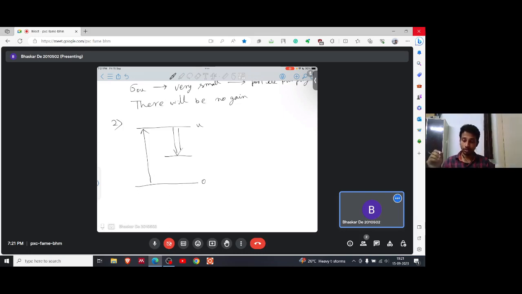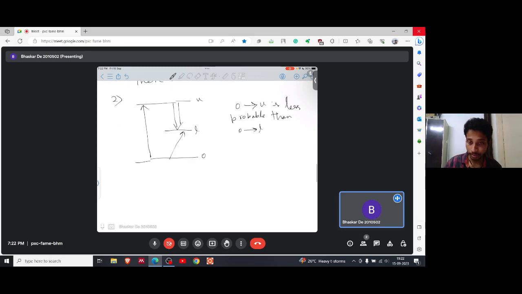This is the desired process for direct pumping, but it can also happen that this transition 0 to u is less probable than 0 to l. So when you try to pump the medium, that is actually pumping this one. If the level l is populated like that, then there will be no lasing action, because you are not reaching the level u, and that makes the direct pumping useless.